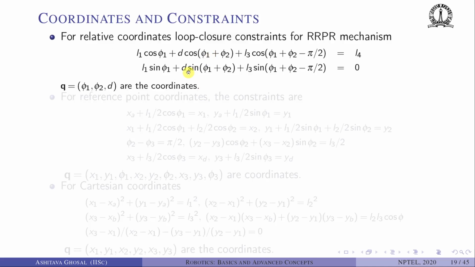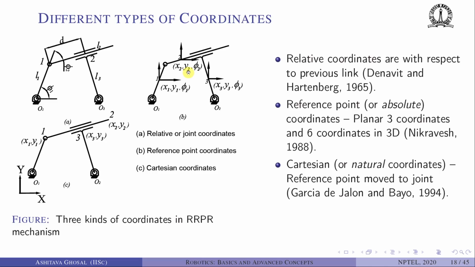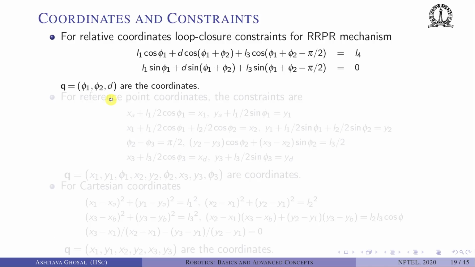So for the relative point coordinates, it's very easy. All it is showing is that this vector plus this vector plus this vector should be equal to this vector. Okay, the standard loop closure constraint equations that we have used for the 4-bar mechanism. That can be written as L1 cos phi 1 plus D cos(phi 1 plus phi 2) plus L3 cos(phi 1 plus phi 2 minus pi by 2) is equal to L4.